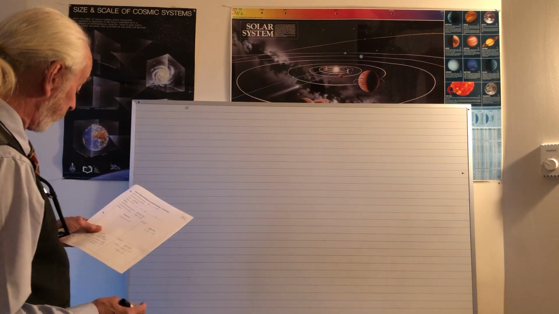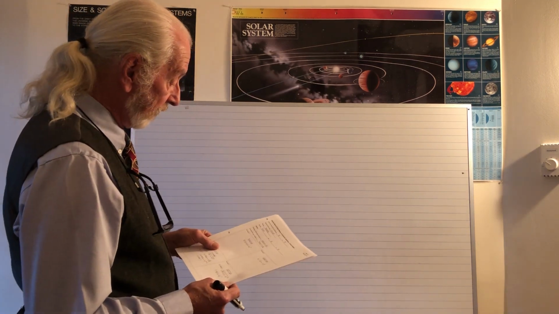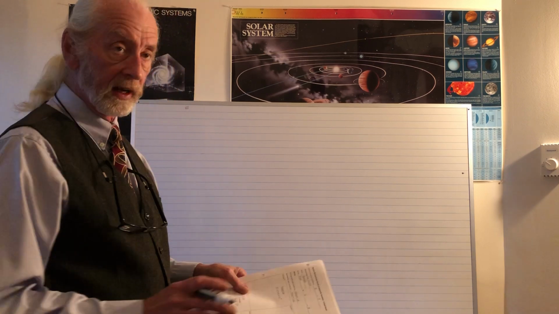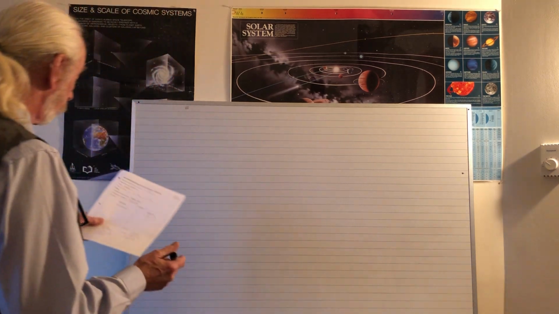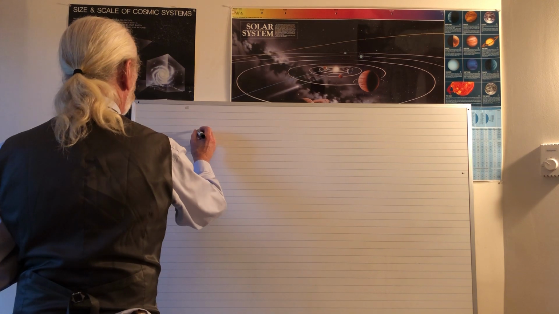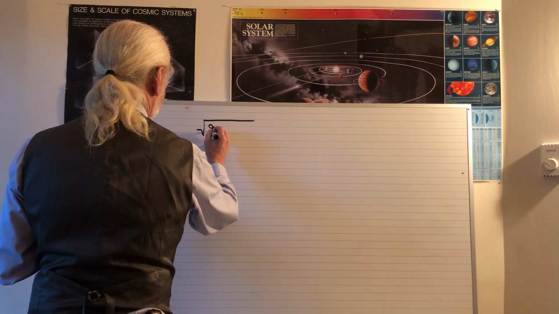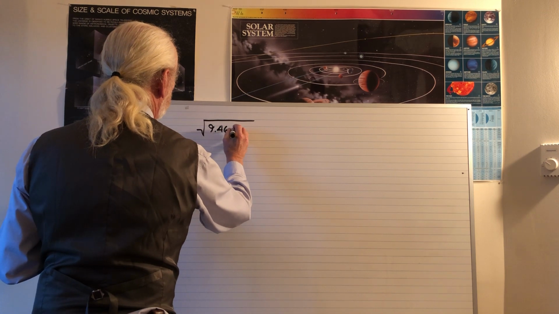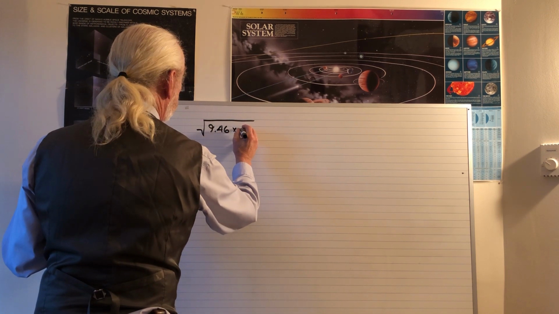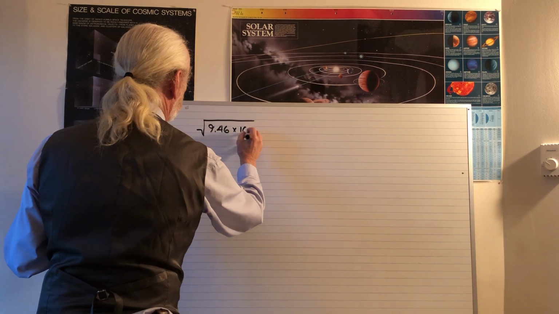So let's look at this first one here. Square root of 9.46 times 10 to the 6. It's a square root. The exponent is even. We're good to go. So it's pretty straightforward. 9.46 times 10 to the 6.